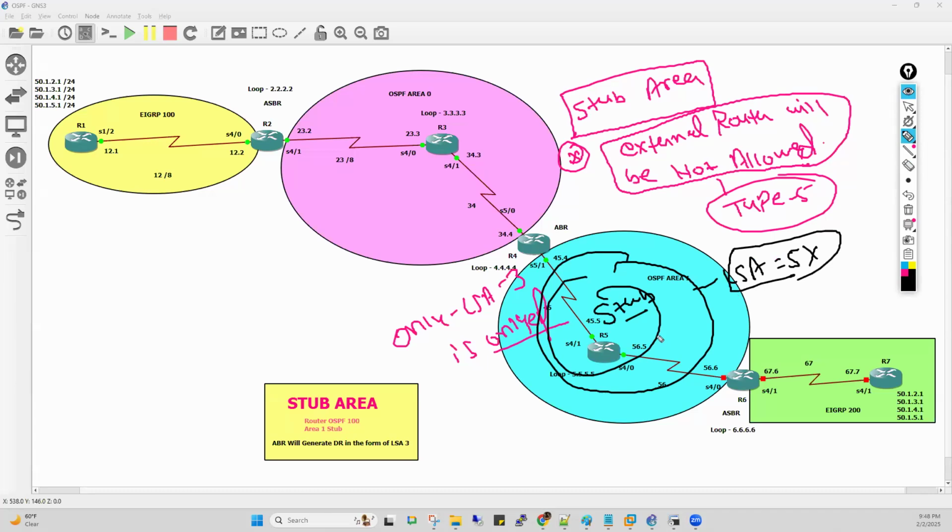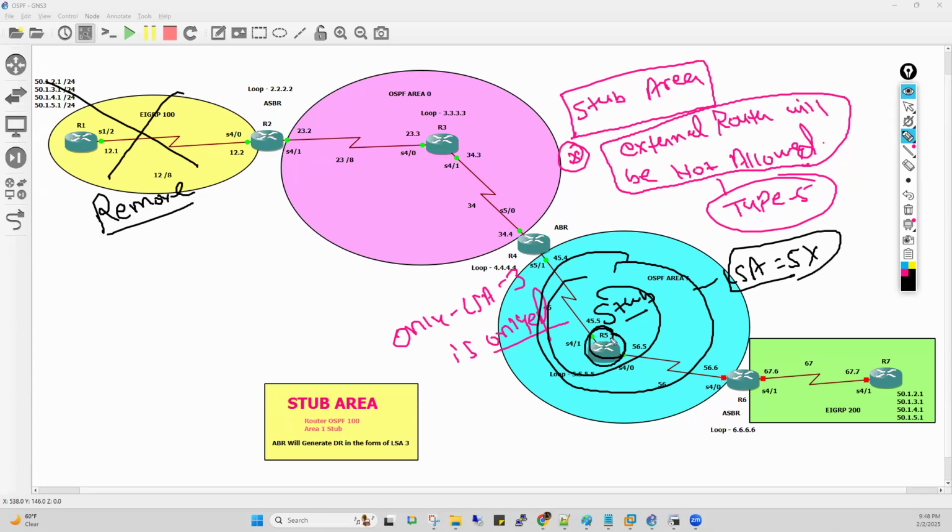If LSA number 5 is removed, it means from this router all the EIGRP routes will be removed.